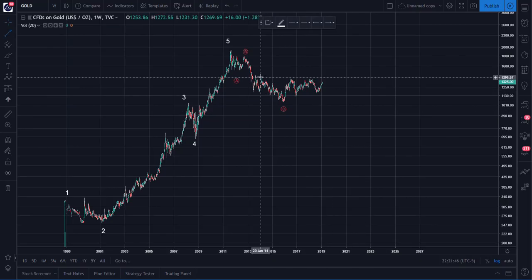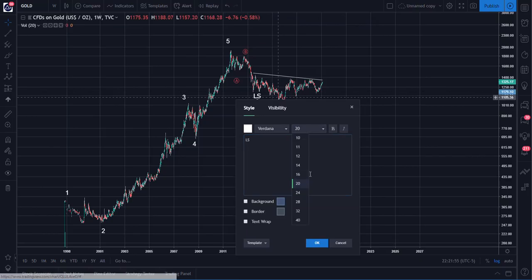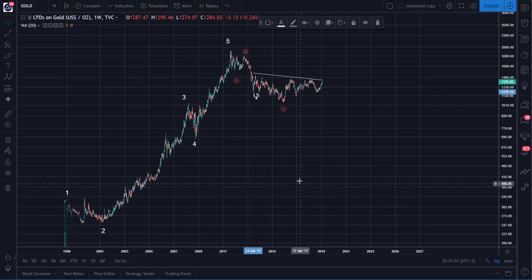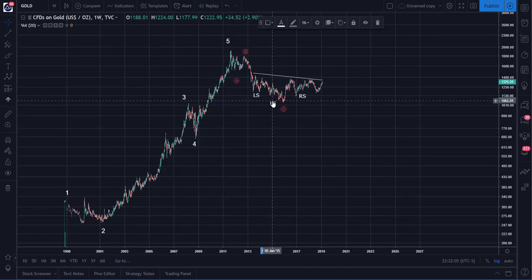Pattern-wise, I can say there's a bit of an inverted head and shoulders. We can say that there's a left shoulder over here already complete, perhaps, and then the right shoulder would be completing or in progress of completing, and then the head pattern is already placed.